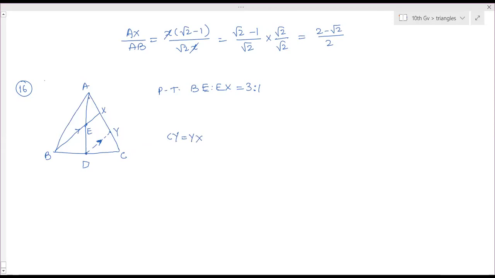So CY by CX, you will get YX. After that, take this triangle ADY. In that E is the midpoint of AD. EX is parallel to DY. Therefore, X is the midpoint of AY. So that means AX is equal to XY.